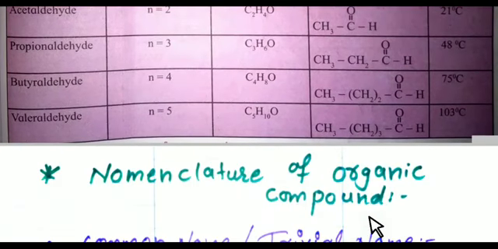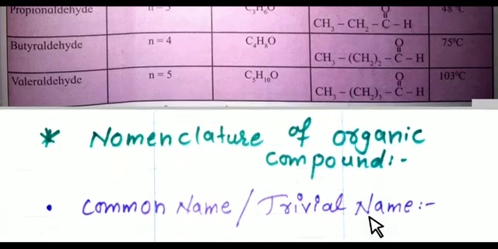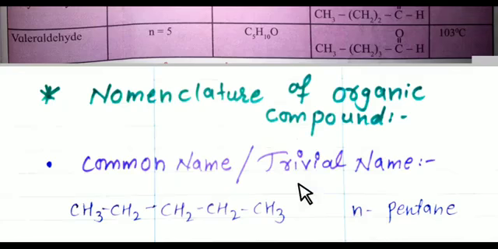Next topic in this chapter is nomenclature of organic compounds. In nomenclature of organic compounds, first we are going to study the common name, which is also known as the trivial name. For the common name, first you have to understand that if the longest chain is there, you have to write the common name starting with n.